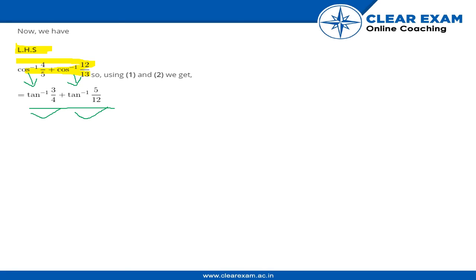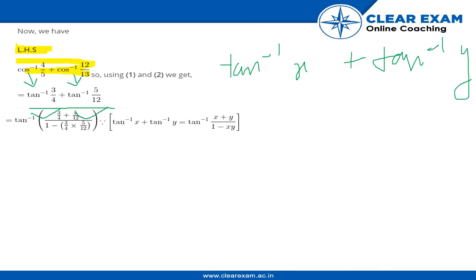So now we can apply our formula of tan inverse x plus tan inverse y. I hope you all remember the formula. Yes, the formula I am talking about is this one. We apply it with x equal to 3 by 4 and y equal to 5 by 12.